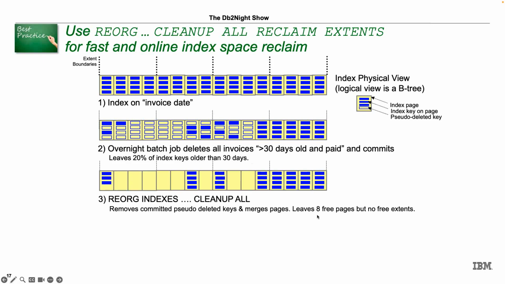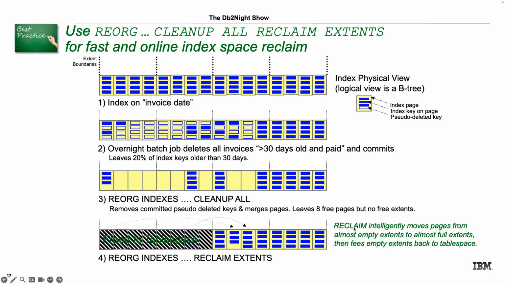Now, we can do a cleanup all, remove those keys and merge pages, but keep in mind the space has not been returned yet. So next you can try reclaim extents, which will reorganize the pages to group pages together to form empty extents and then return those empty extents back to the table space.